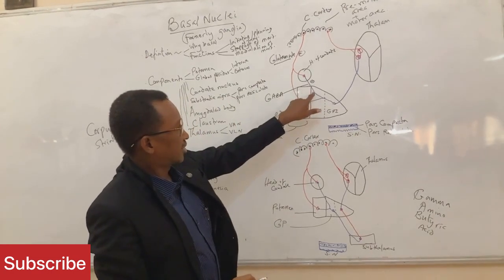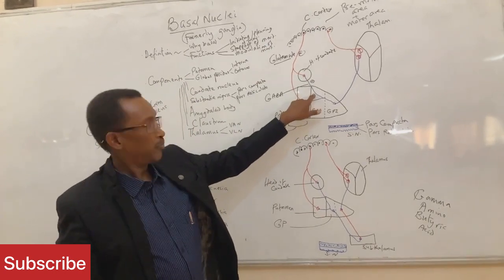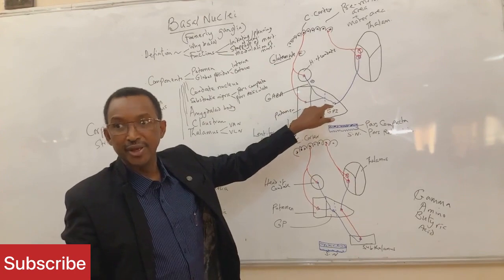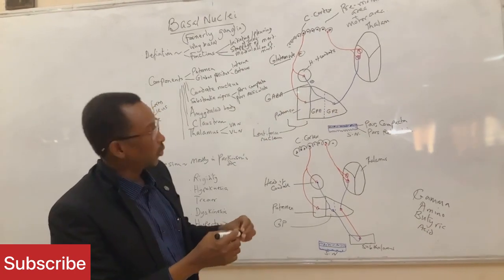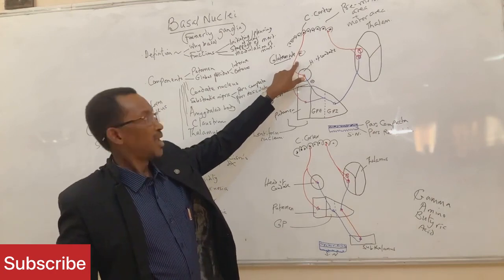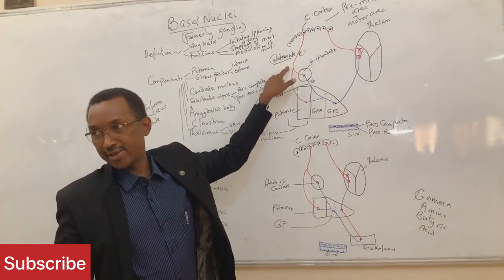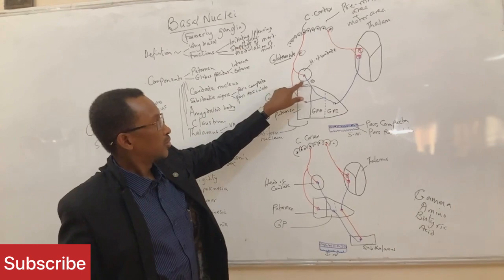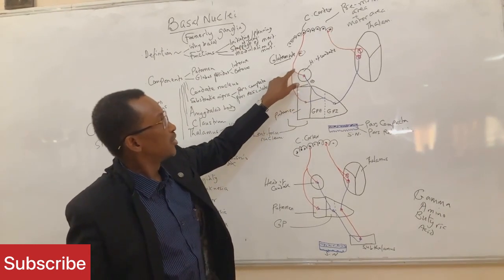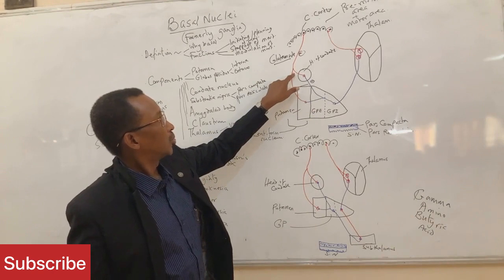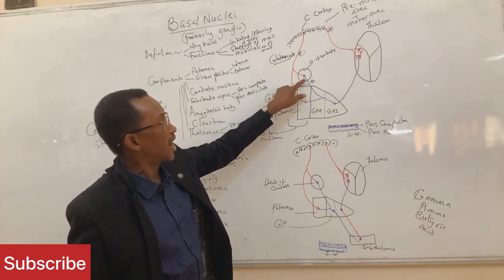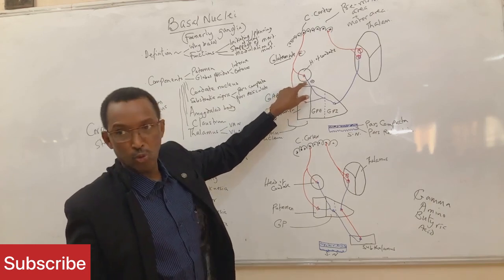Once this neuron is stimulated, it now releases GABA. And you know that GABA is inhibitory in nature. So now what is going on here: if you have excitatory neurons coming from the cerebral cortex, they synapse with the inhibitory neurons. So that by the time these excitatory neurons come here and excite this neuron, what will happen?